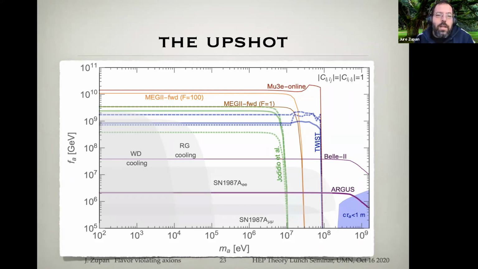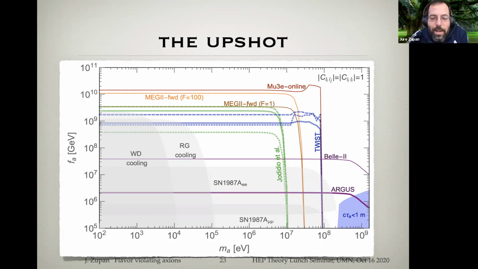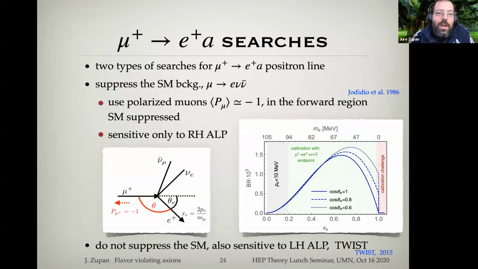All the rest that is not colored, it flies out, so it's invisible. Missing energy, yeah. And what's supernova 1987A mu? Yeah, it assumes that you only couple to muons. It's very bad that you don't see my pointer.